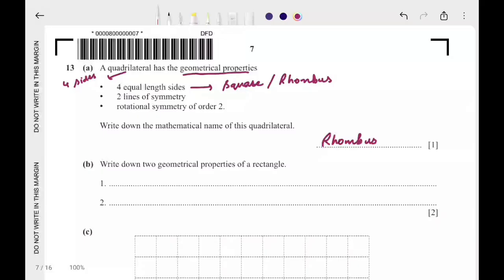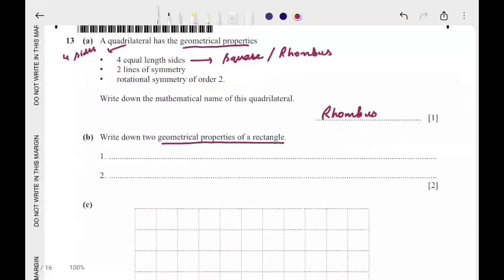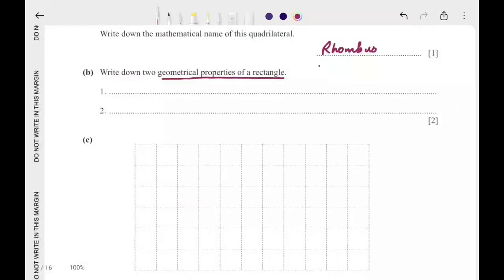Write down 2 geometrical properties of a rectangle. So let me draw a rectangle here. If you see, it has 2 pairs of opposite sides that are parallel, this is one property.